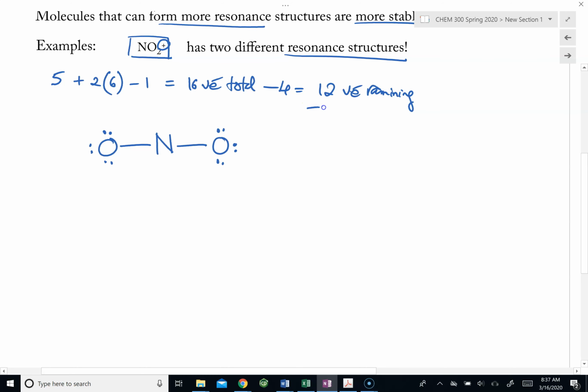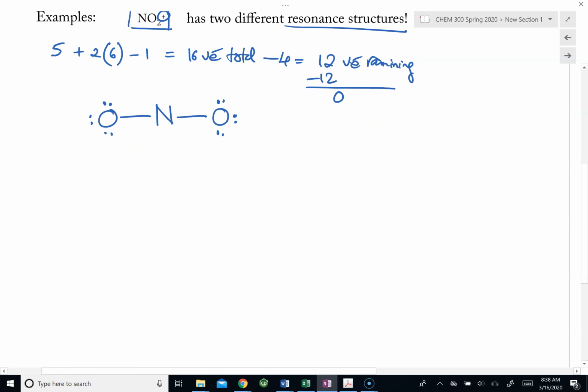Subtracting 12, we have 0 valence electrons remaining. Thus, we do not have any lone pair electrons to give to the central nitrogen. The next step is moving lone pairs of electrons from the terminal atoms toward the central nitrogen to give the octet to this nitrogen, because it does not have a complete octet.